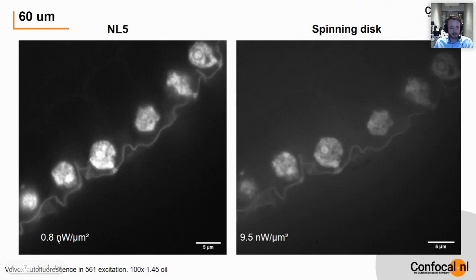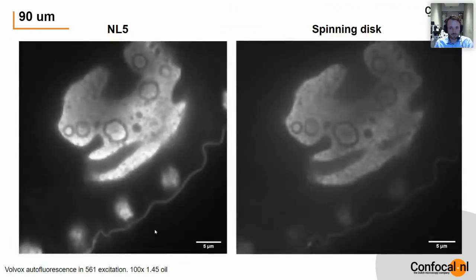Also, we measured the exposure light intensity, and it turned out to be 0.8 for the NL5 to make this image, and 9.5 for the spinning disk microscope. So we have a factor of 12 difference here. 12 times more intensity here compared to here, and that will make the difference when you do long-term live imaging. And this becomes, of course, even more apparent when you go deeper into the sample.